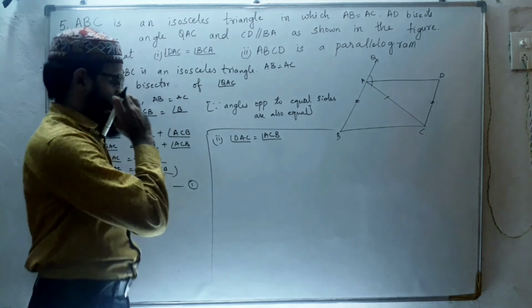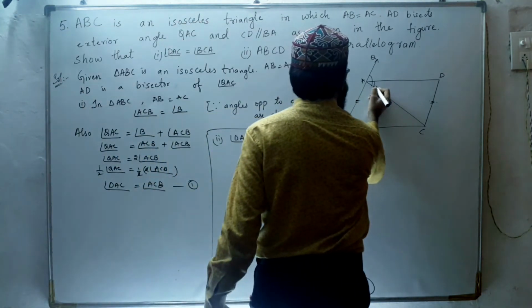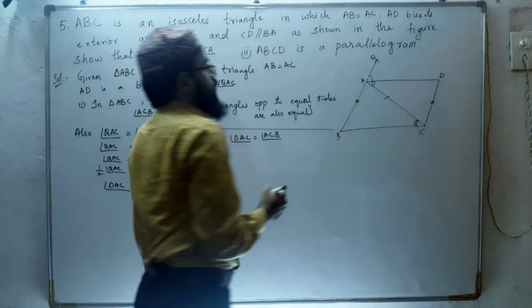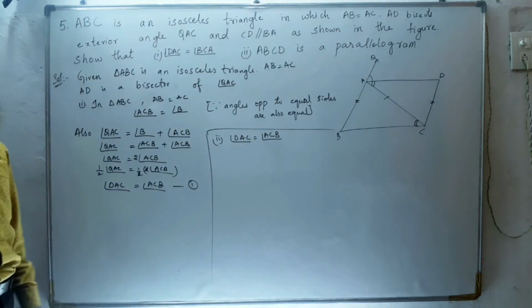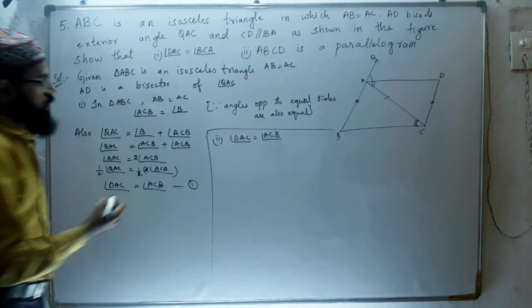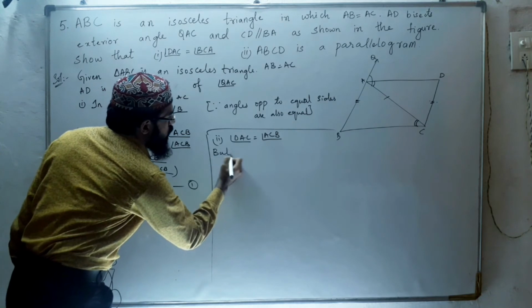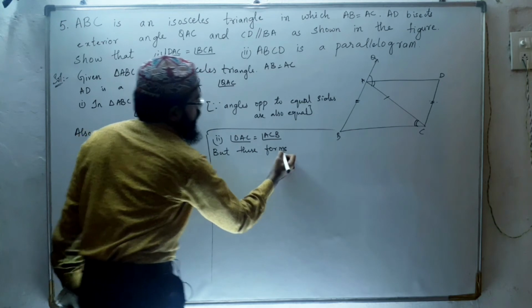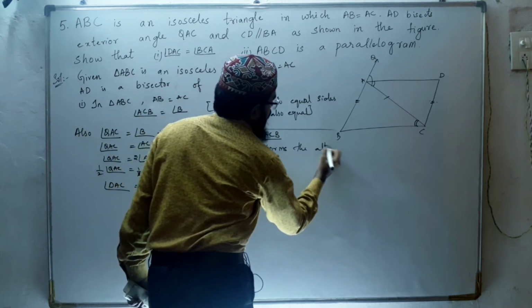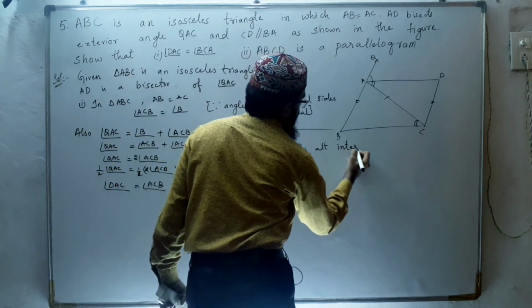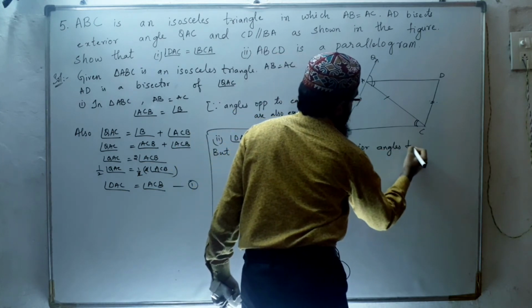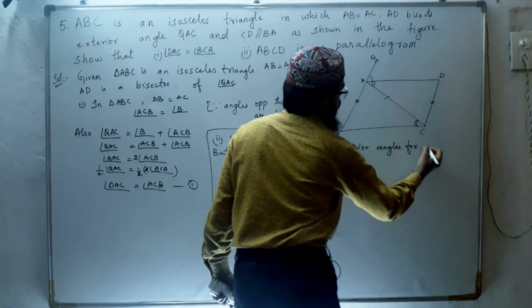DAC is this angle and ACB is this angle. So these two angles are alternate interior angles for the pair of lines.